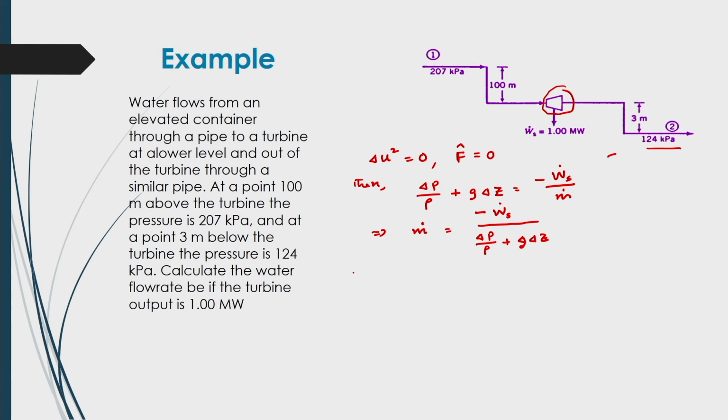In this case, what will be the W_S dot here? This is given as 1.00 megawatt.